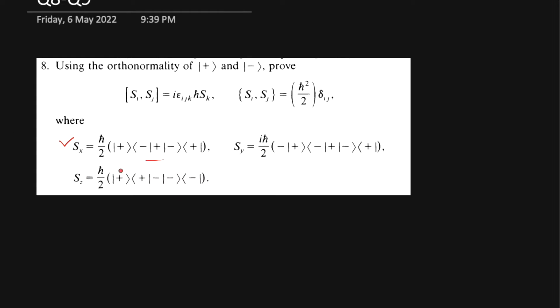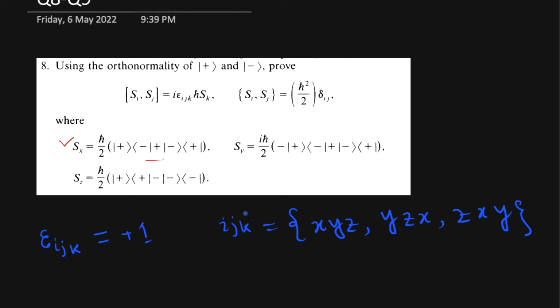After solving this problem, let us see what is the meaning of this symbol epsilon ijk. Now epsilon ijk is equal to +1 if the value of ijk is one of these three values: x, y, z or y, z, x or z, x, y.